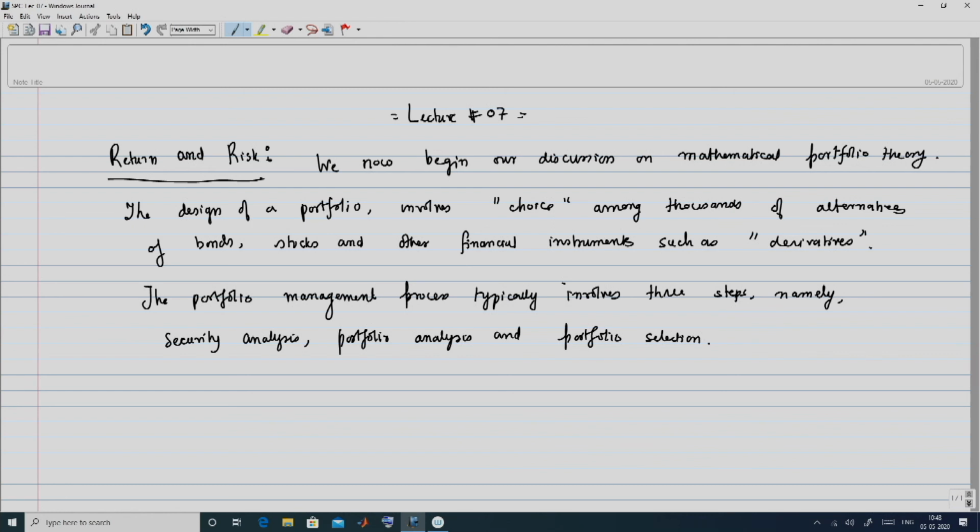So, let us go through this one by one. So, the first one is the security analysis. So, basically a portfolio manager, what he or she does is that the security analysis means that they will look at the securities, particularly risky securities such as stocks, and they will analyze those stocks and then they will rank them in order of the desirability.